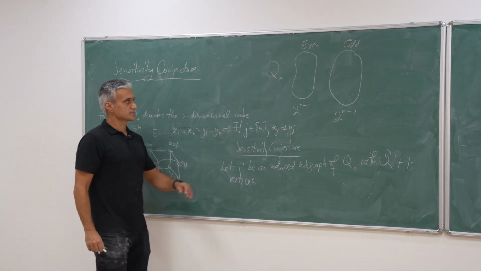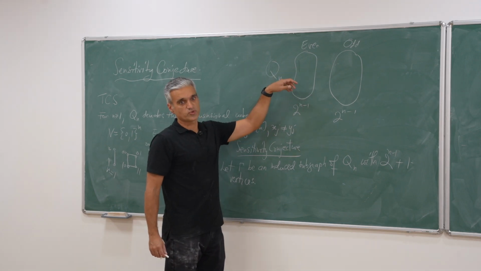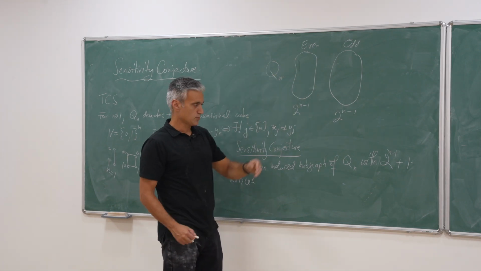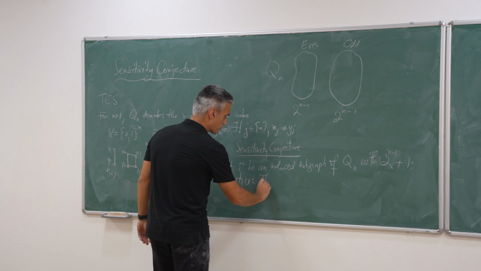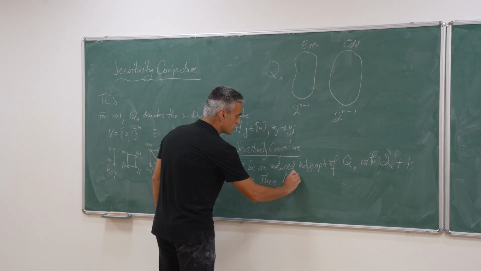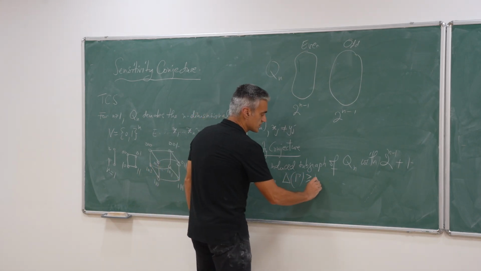This is just so that you don't just take, if you have 2^(n-1), you could just take this part. Then the maximum degree of gamma is greater or equal than square root of n.